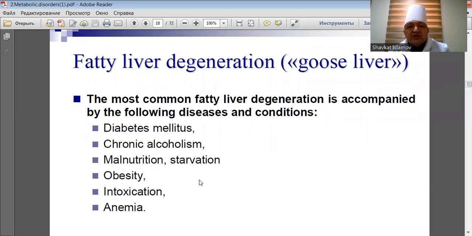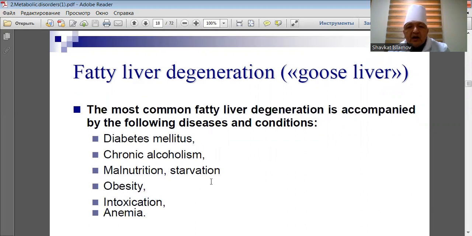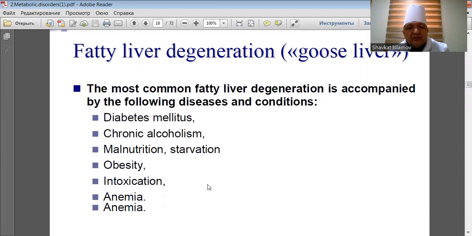Fatty liver degeneration, goose liver. The most common fatty liver degeneration is accompanied by the following diseases and conditions: diabetes mellitus, chronic alcoholism, malnutrition, starvation, obesity, intoxication, anemia.